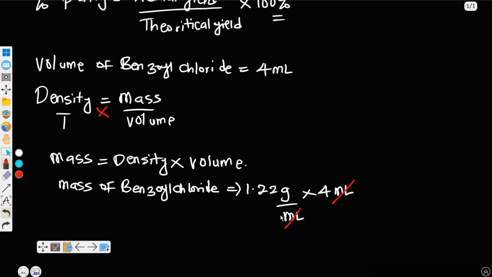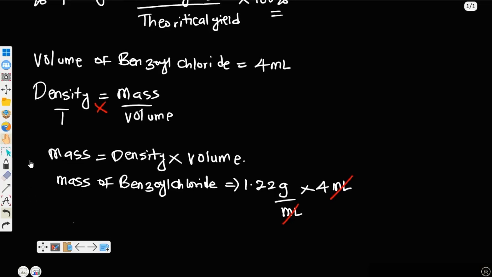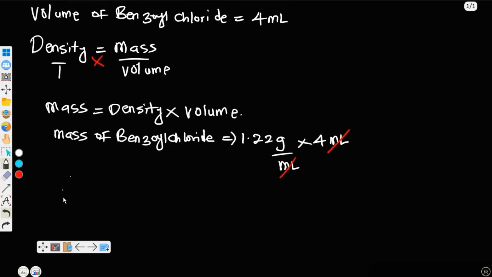This mil can cancel this mil. Our mass of benzoyl chloride that is contained in that 4 mil would be equal to.